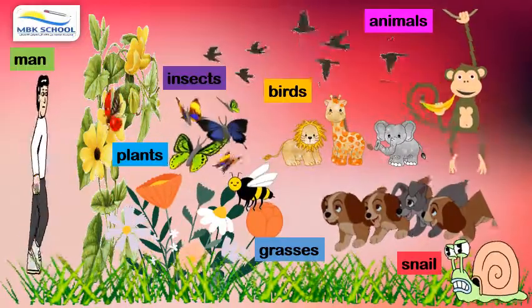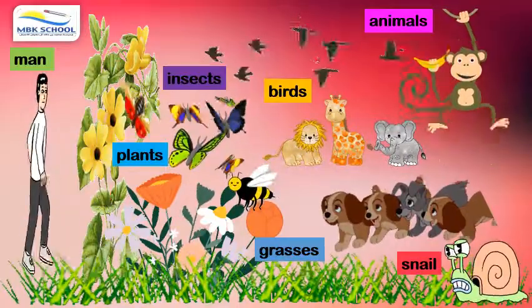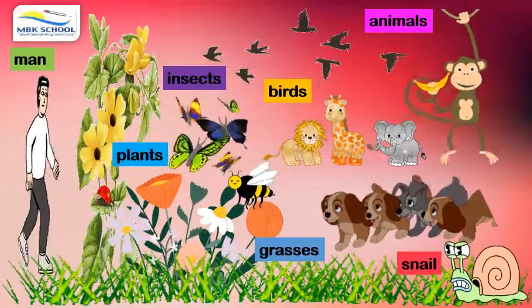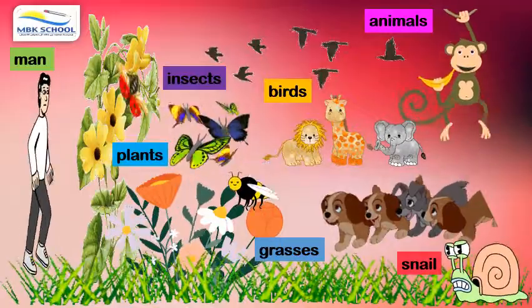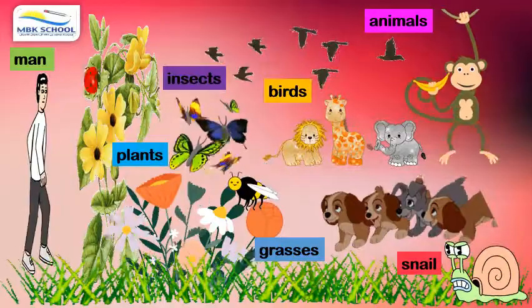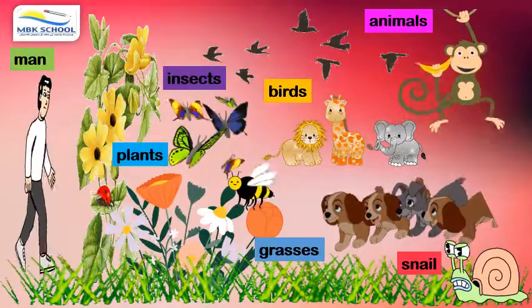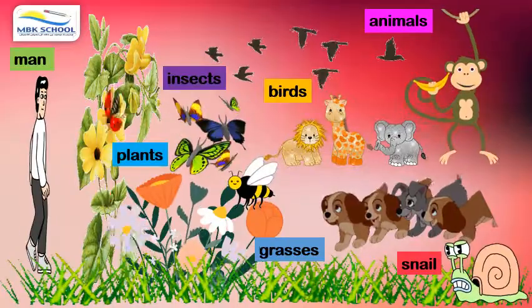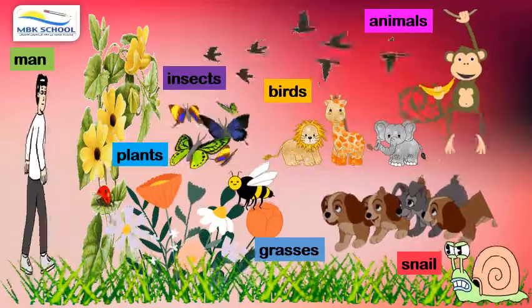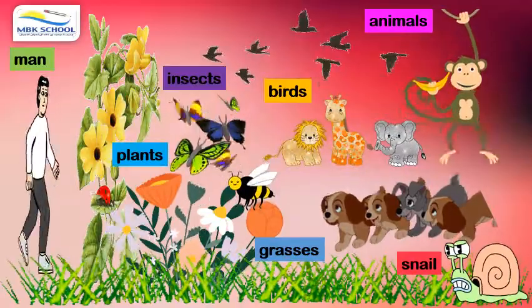To reproduce means they have the ability to procreate a new species. For example, when a dog gives birth, a new puppy will come out. So they have life.